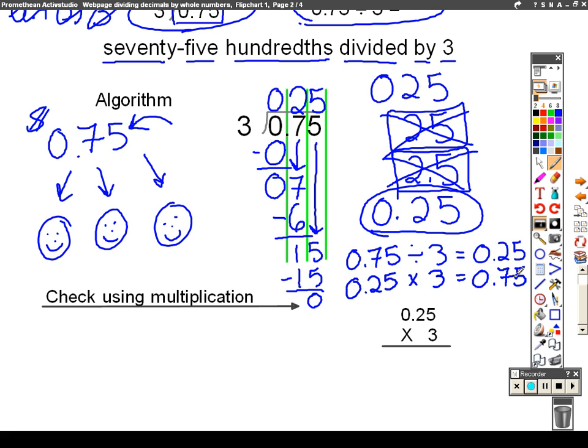So let's check. 5 times 3 is 15. Carry the 1. 2 times 3 is 6. Plus 1 is 7. 0 times 3 is 0. This factor, the decimal goes in twice. This factor, it doesn't go in at all. So we need to move it twice. And sure enough, we get 75 hundredths. Now remember, this is the check portion. The answer to our original problem was 25 hundredths.